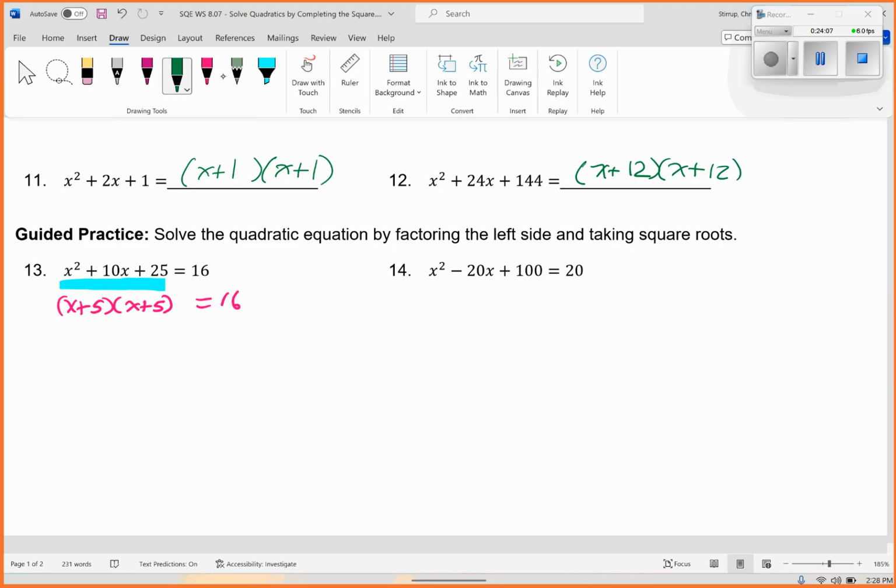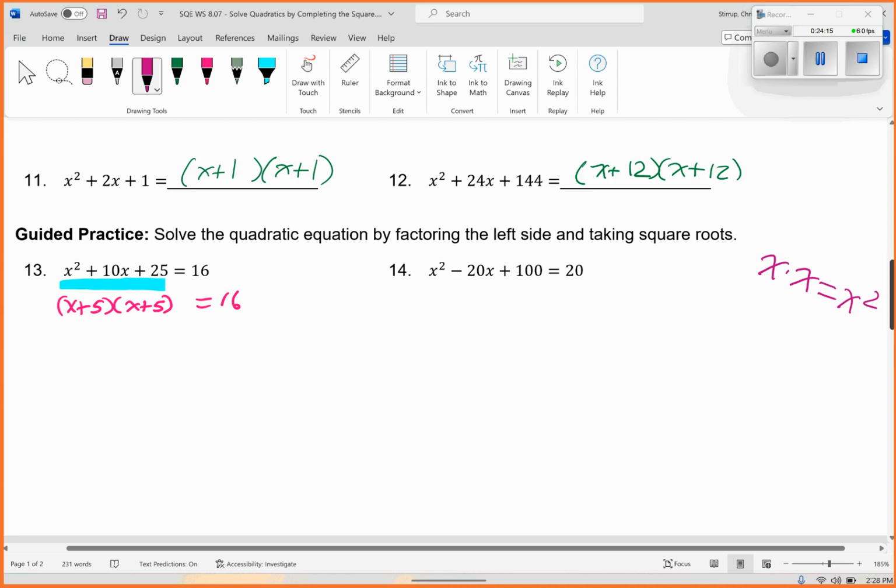Hey, I have a question. If I were to go x times x, what would I get? X squared. So if I go x plus 5 times x plus 5, what would I get without multiplying the whole thing out? X plus 5 squared. Okay, so let's see where that just came from.